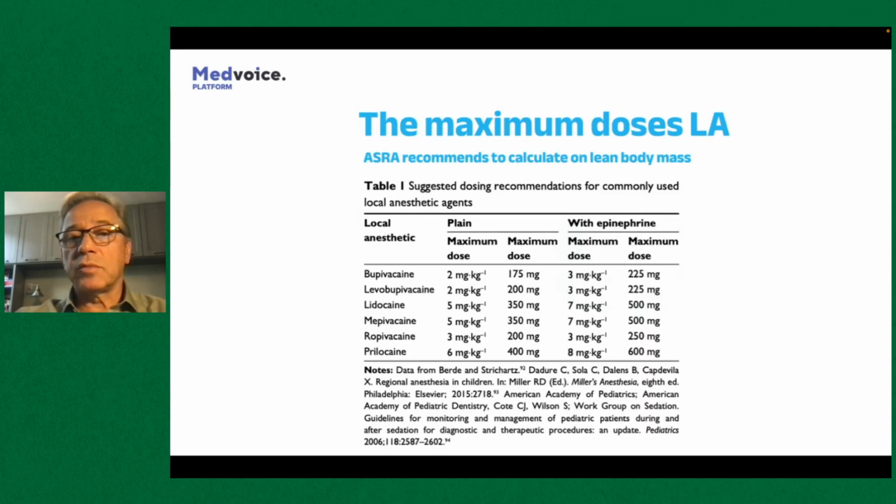These are the maximum doses of local anesthetics recommended by ASRA, the American Society of Regional Anesthesia, and I also recommend that you calculate this dose based on lean body mass, not on total body mass, which in obese patients can be massive.